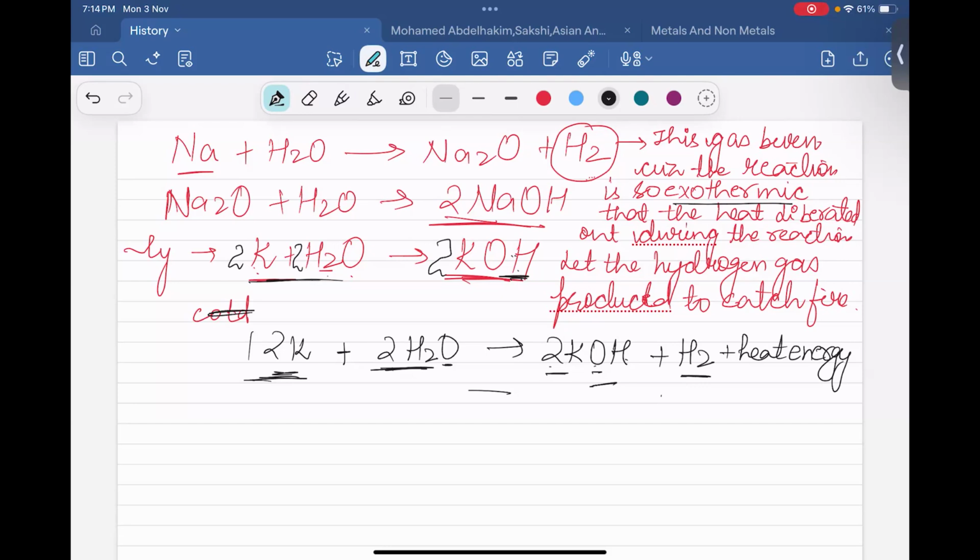This was the reaction of metal with water.